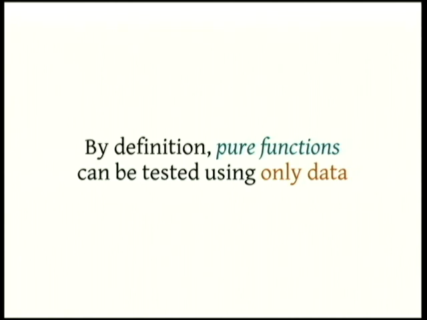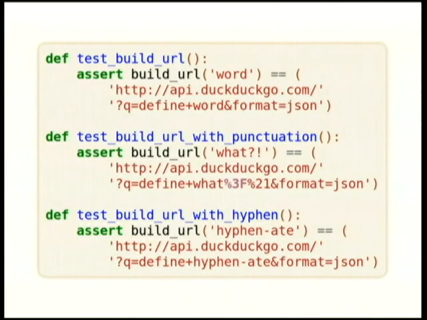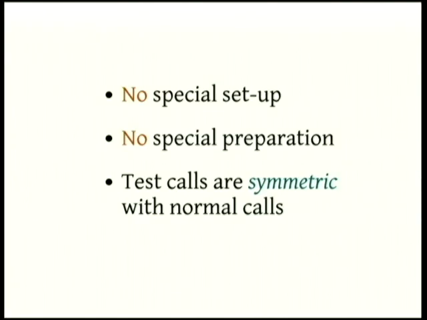Arguments go in the top, a list or a string or some other data structure comes out the bottom. So for example, if I want to test the build URL, I just call it. I don't have to set up objects, I don't have to build things. I just call it with different arguments, and instead of hunting for side effects, I can just look at the return value and see whether it's what I expected. No special setup is needed.